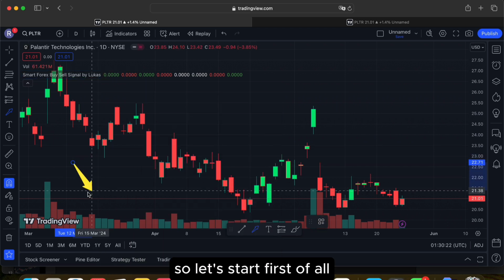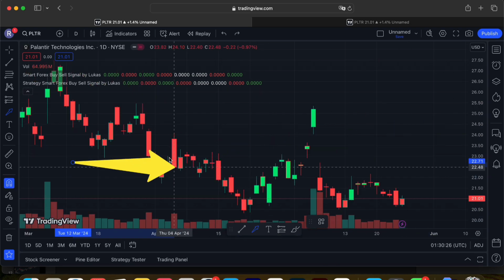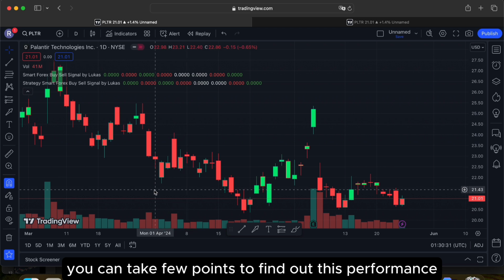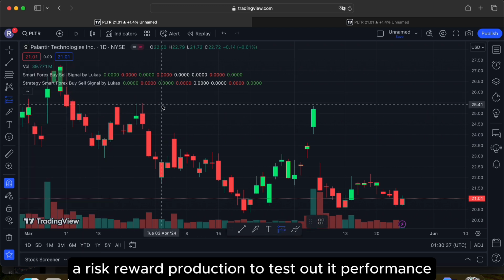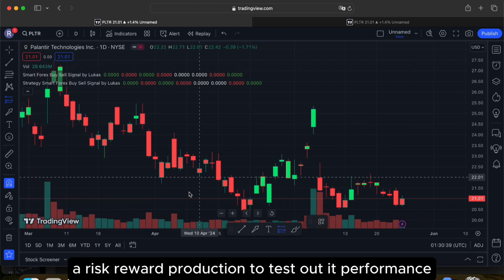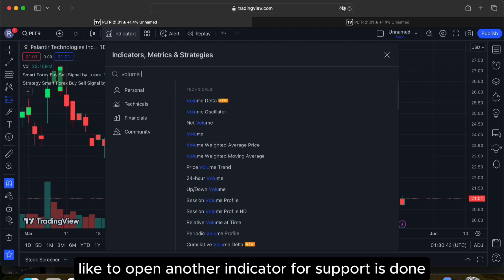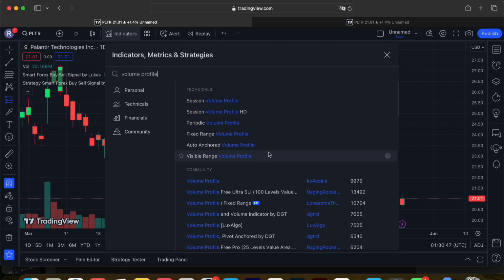So let's start. First of all, you can take a few points to find out its performance, and later we will use a risk reward projection to test it. For me, I would like to open another indicator for support and resistance.